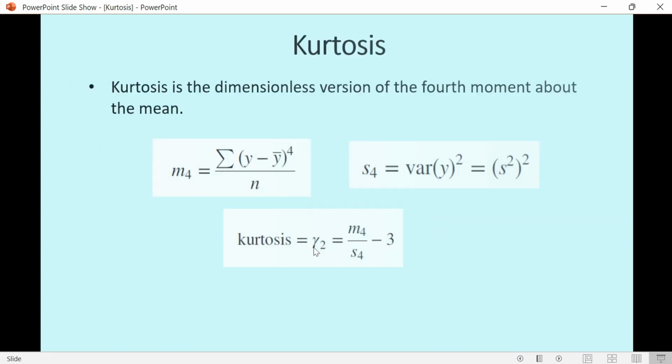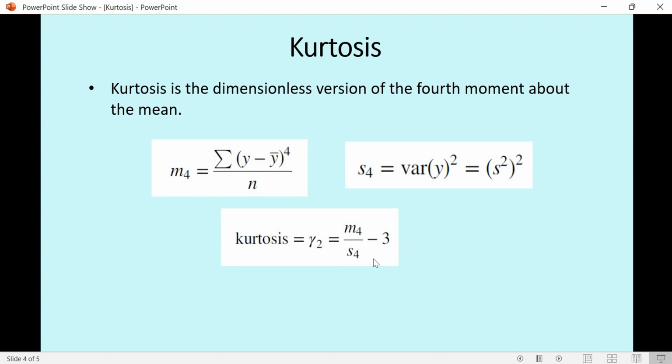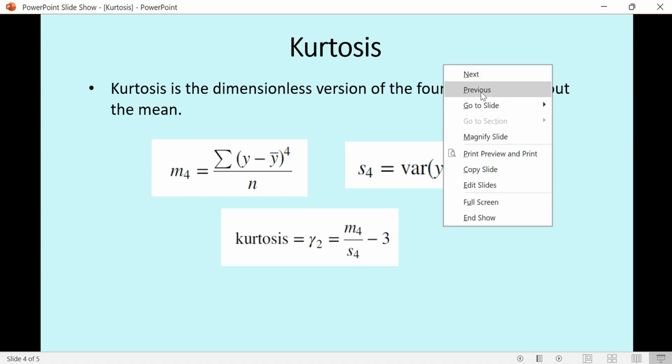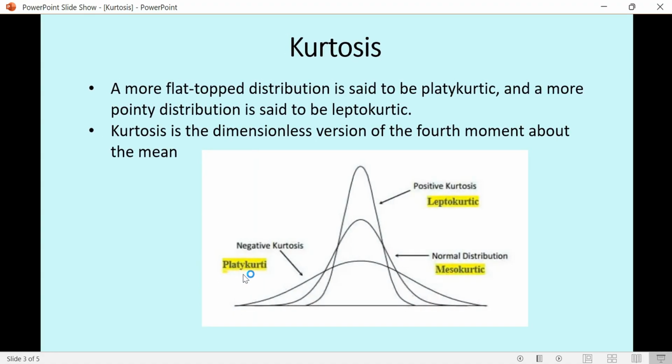But if the result of the calculation is significantly negative, we can say this has platykurtosis or negative kurtosis, because the data is very flat and the mode is very low. So the highest frequency density is very low. So this is the negative kurtosis.